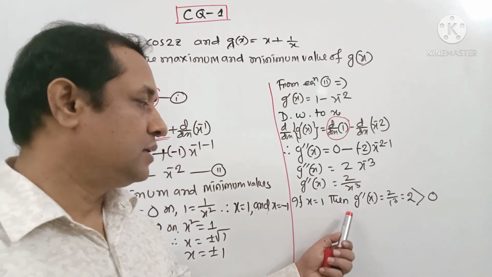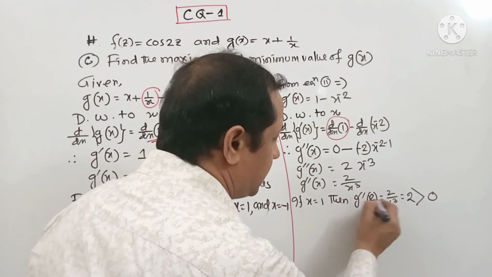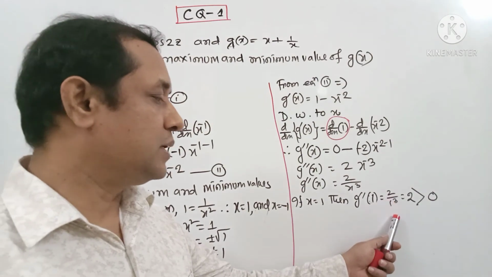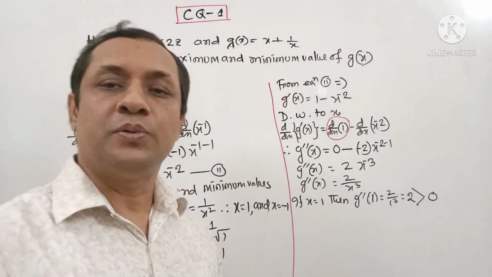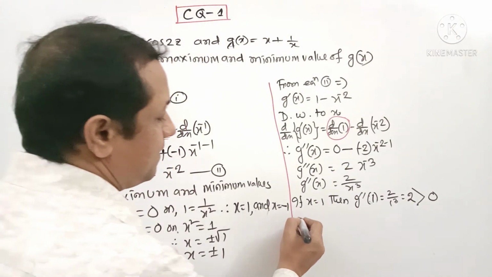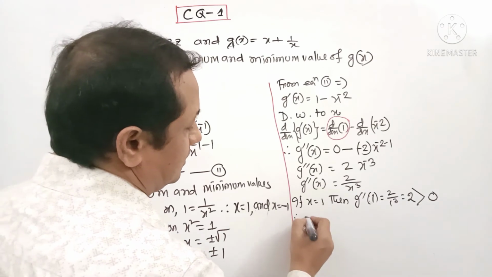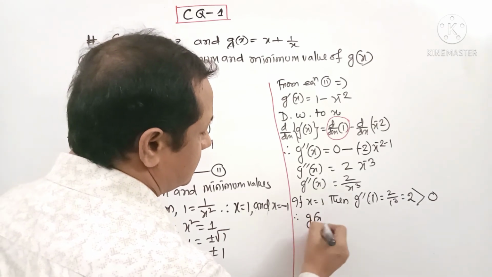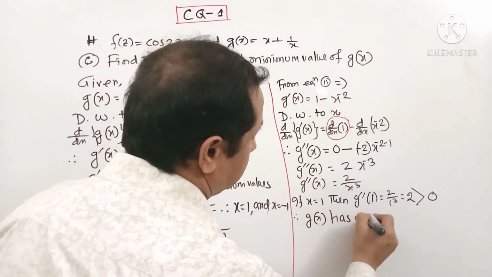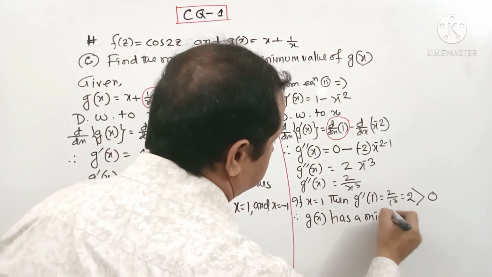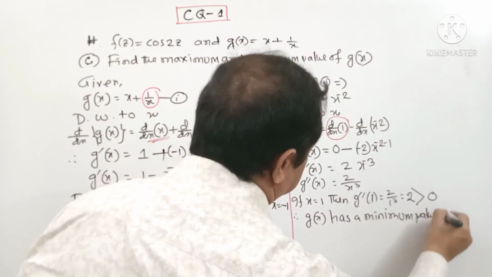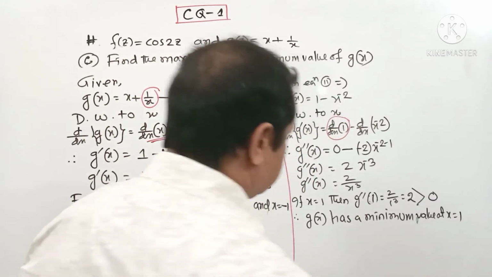Now student, the function g of x has a minimum value at x equals 1.